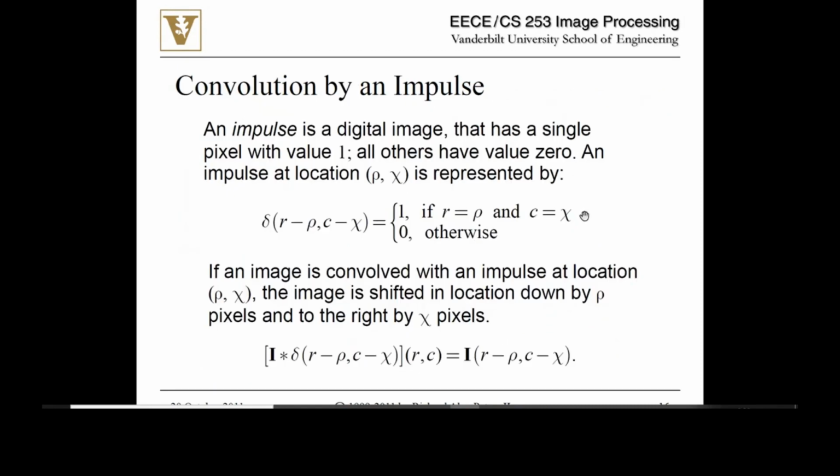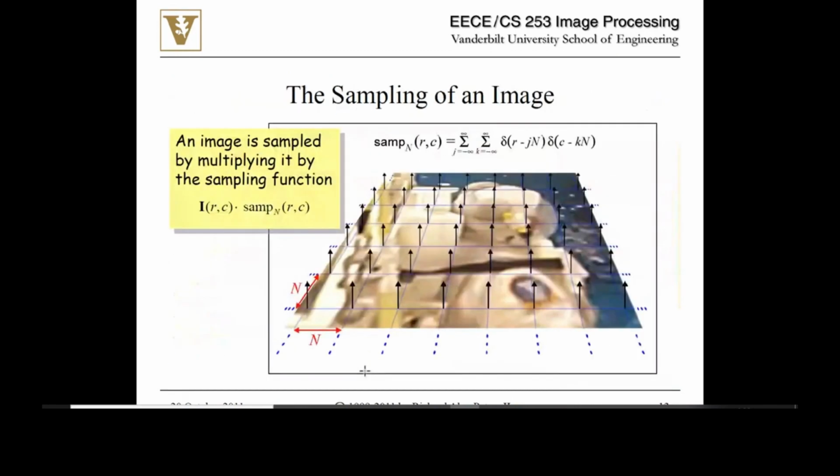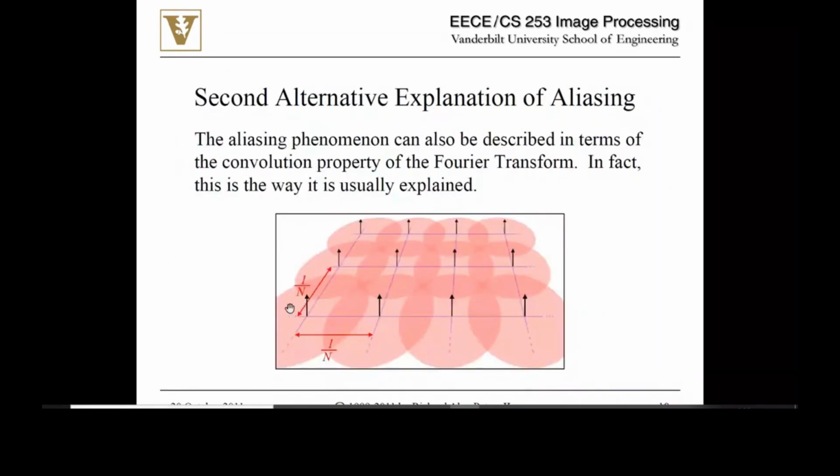Yeah, this you already know: if you convolve with an impulse that is shifted, then what you have to do is copy whatever you are convolving to the location of the impulse. So that is why we have to copy the original spectrum to every delta that we have in the 1 over n locations.